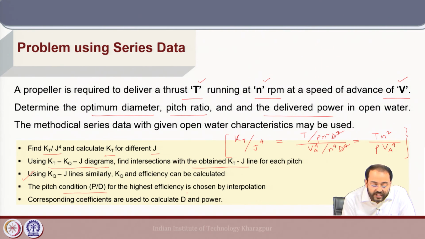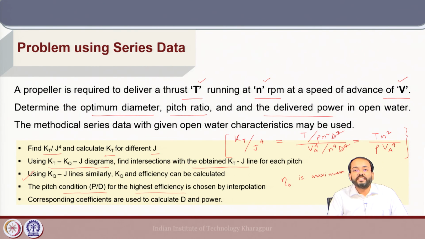So, we will choose the pitch condition for which eta O is maximum from these intersections. Now, once we choose that, we already have calculated the optimum pitch ratio for which eta O is maximum, then we only have to calculate the optimum diameter and delivered power.